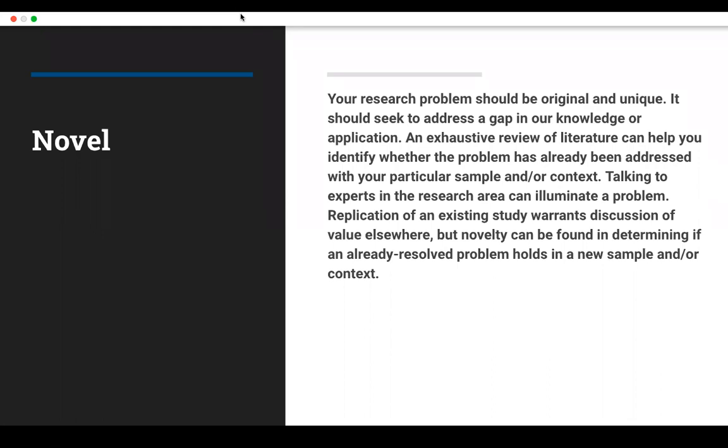So talking to experts in the research area can also illuminate a problem. उसके ऊपर थोड़ा light throw कर सकता है. And replication of an existing study, if I want to do that again, then again I need to discuss it with my peers, superiors, people who are experts in that field, etc.